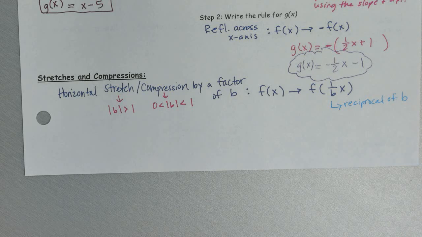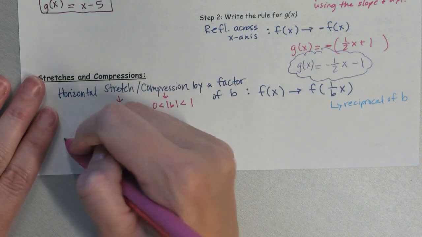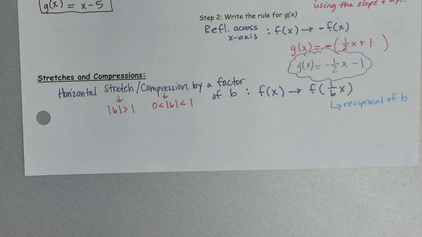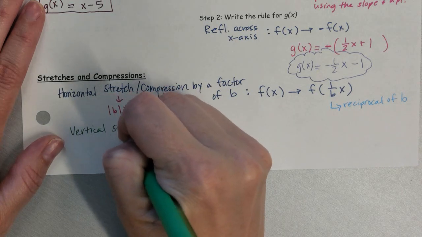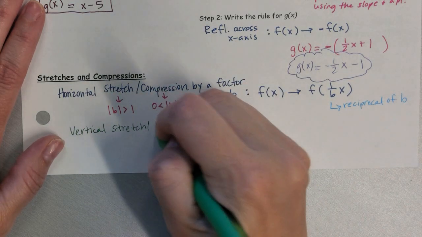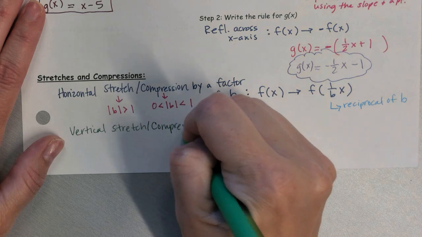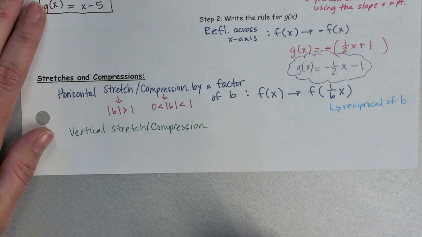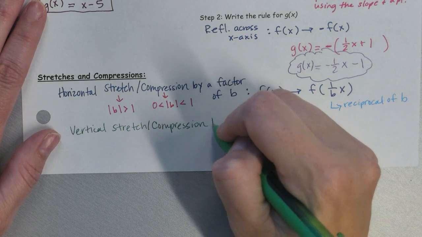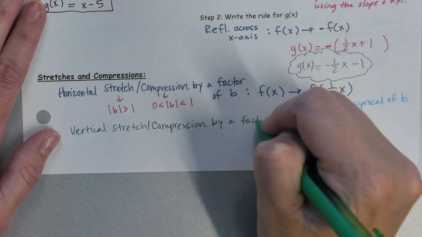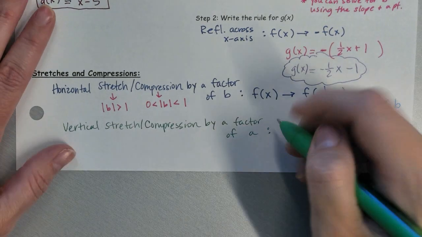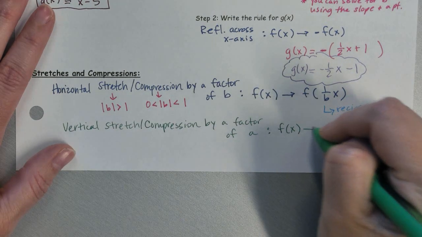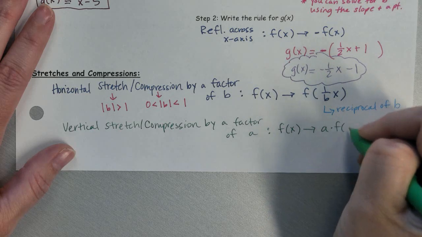All right, and then the other type is vertical. So you could have a vertical stretch or compression. And if it's vertical, they use a factor of A. And f of x is going to go to A times f of x.